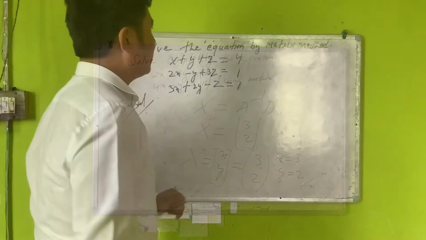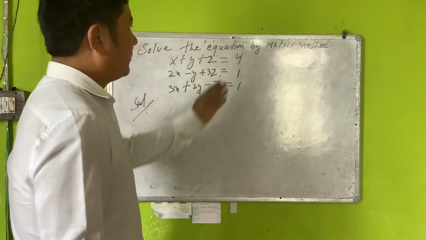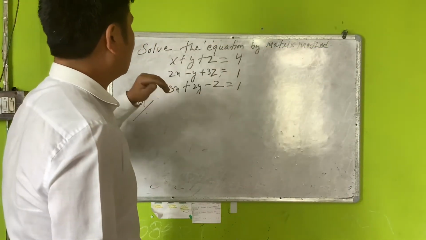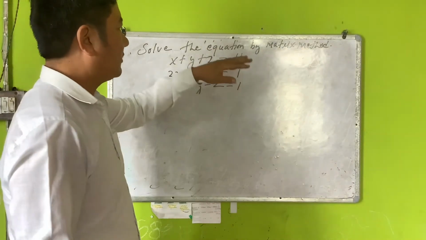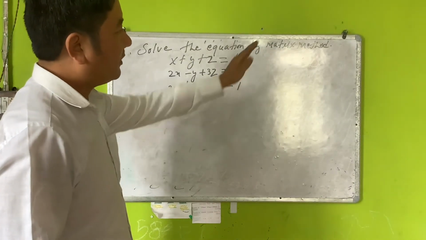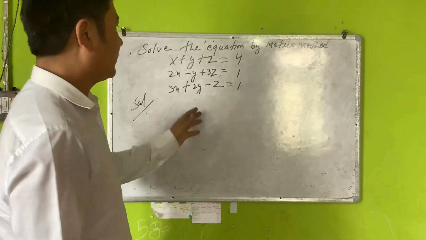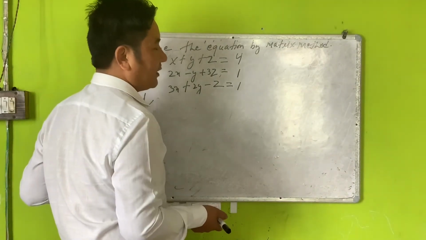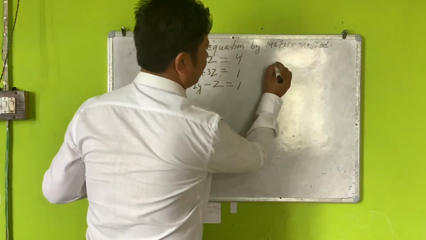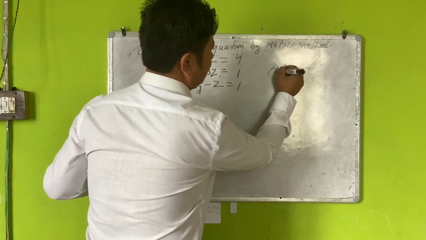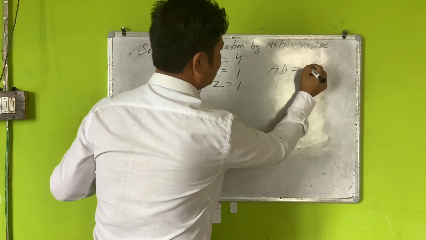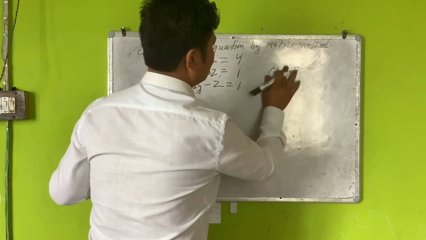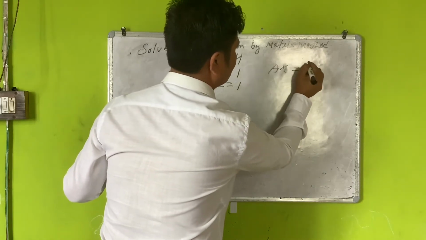Okay, just another question from the equations. Solve the equation by matrix method. Equation is given, you have to apply matrix method to solve this equation. Whenever a linear equation is given and you have to apply matrix method to solve, then you have to make this equation like this: AX is equal to D, right?